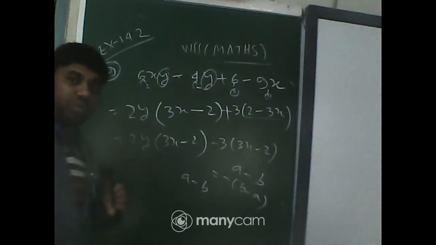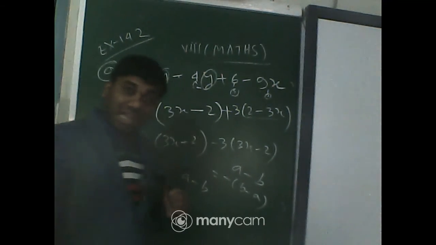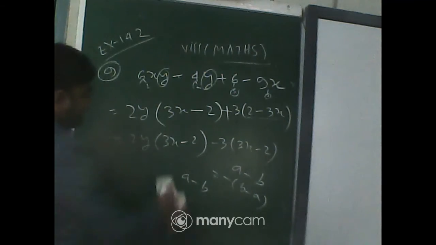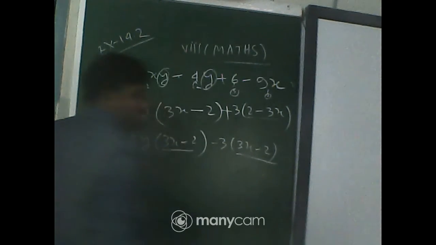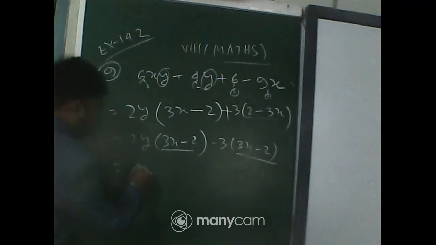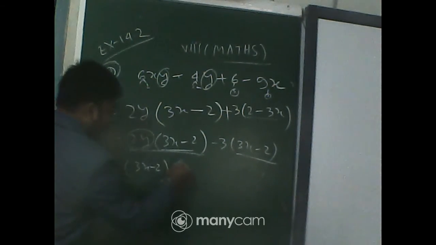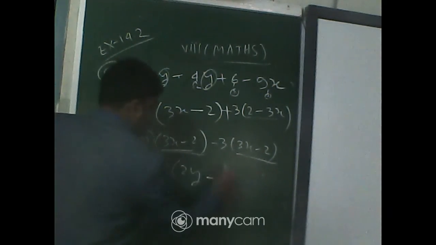In this way, minus 3 into 3x minus 2. So now these two terms are the same. Taking 3x minus 2 common, the left part is 2y minus 3.